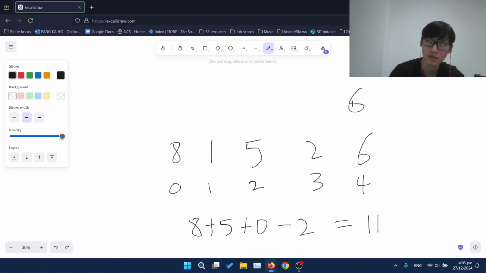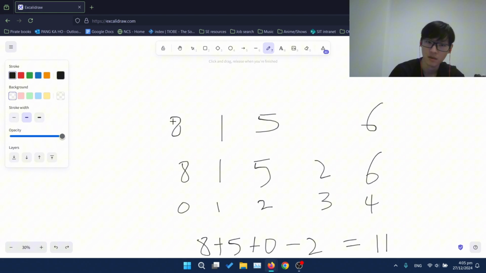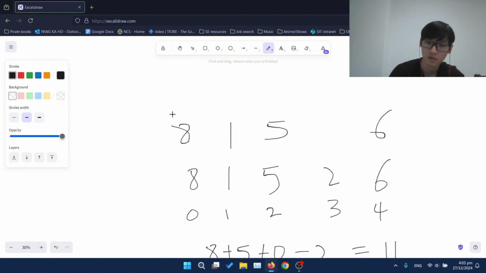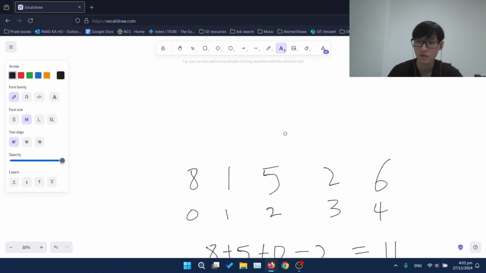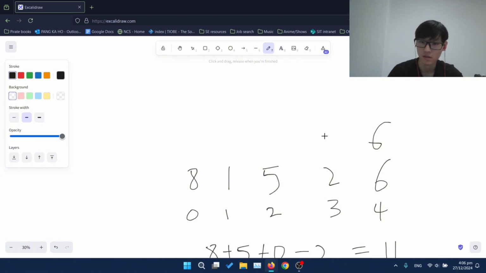If it's increasing: 6, 2, and 5, 6, 5, 1, 8. Increasing, 6, 8.